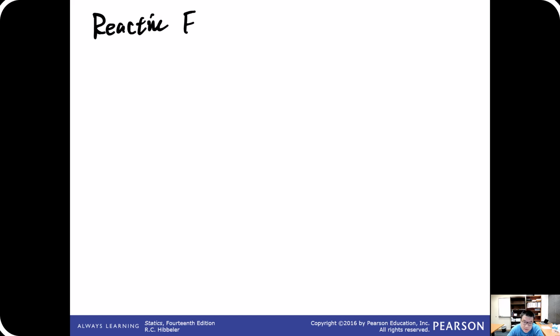Reactive forces. So let's say we have the beam. This side is a pin, this side is a roller.